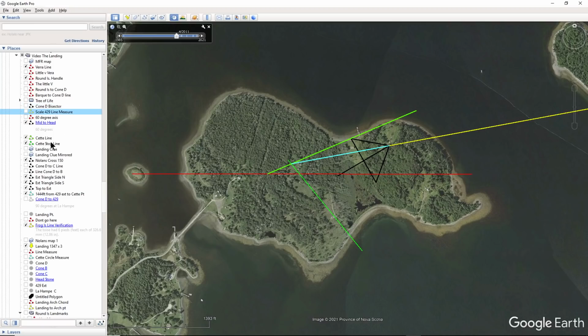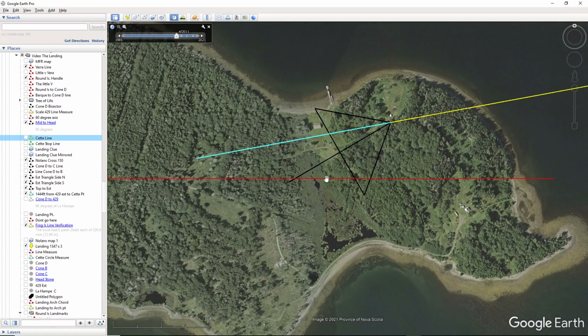And the stop line and the set line are no longer needed. So what we have here is basically the beginning of Nolan's triangle, or Nolan's cross, because this is cone D, this is cone B, this is cone C. The headstone is right here.